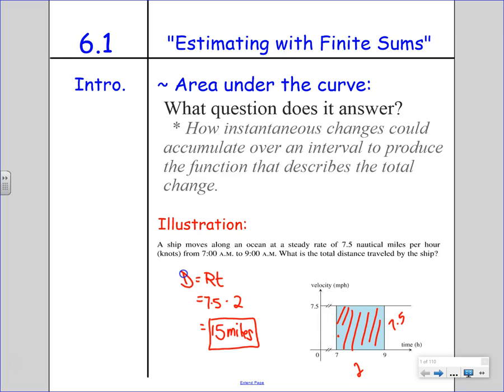We really just found the area of the rectangle, right? So yes, distance does equal rate times time, but if you graph rate, the area underneath symbolizes that multiplication. Now, how could this get trickier? What if your rate varies? Which one's more realistic? A constant rate? No, a varying rate.